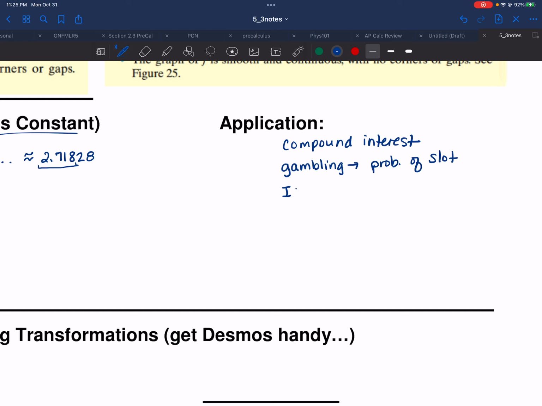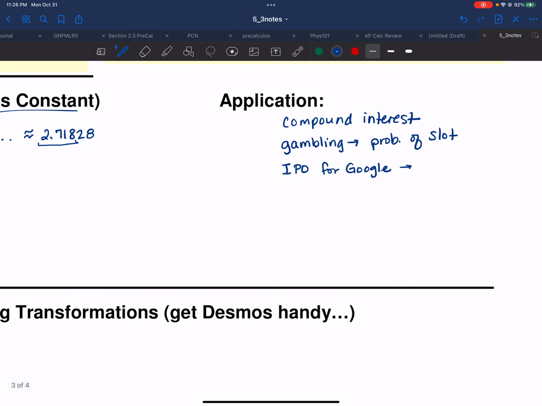Interestingly enough, when the IPO, or initial public offering, for Google went out, their initial public offering was a whole number related to the letter e. And also in their hiring, Google had a billboard that had a puzzle related to e.